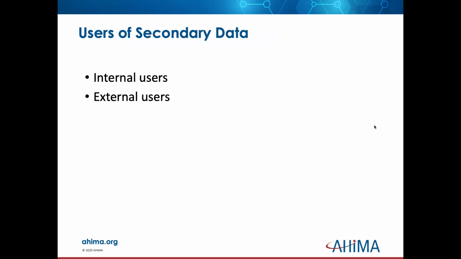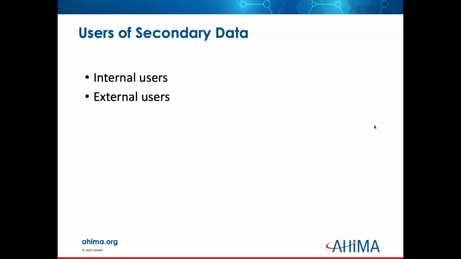People who use secondary data can be internal users or they can be external users. So they can be someone within the organization, such as in a quality management department, or they can be external, where they can be a government agency or a state agency.